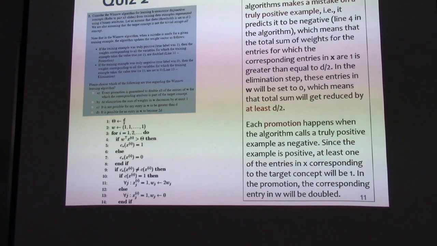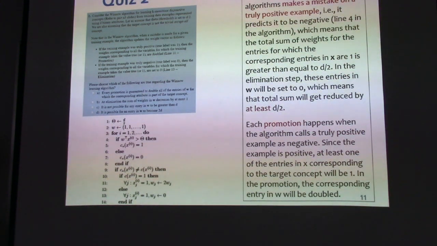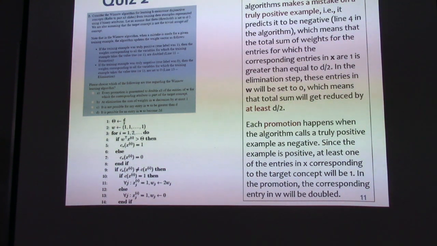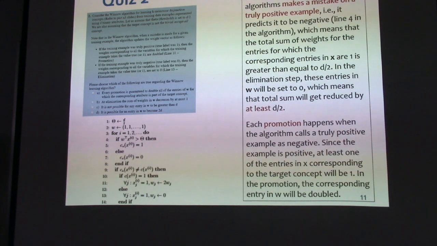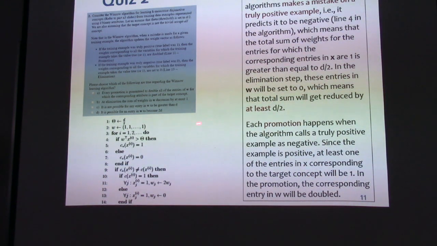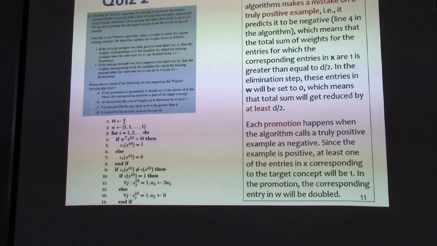Okay. And the second part is about the Winnow algorithm. Actually, this is a pseudocode for the Winnow algorithm, and it includes two parts: the elimination part and the promotion part. In the elimination part, the algorithm will make a mistake on a truly positive example.